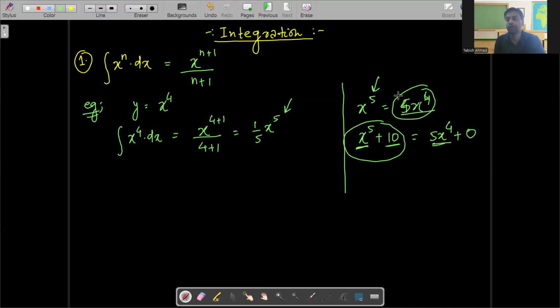So whenever we take the integration of this, I should get it back. But there is always some constant added, and for any constant added we get the same answer.